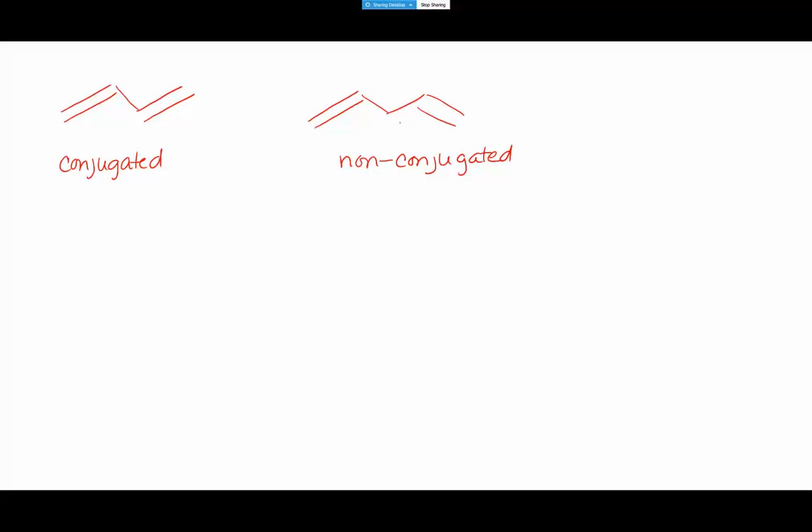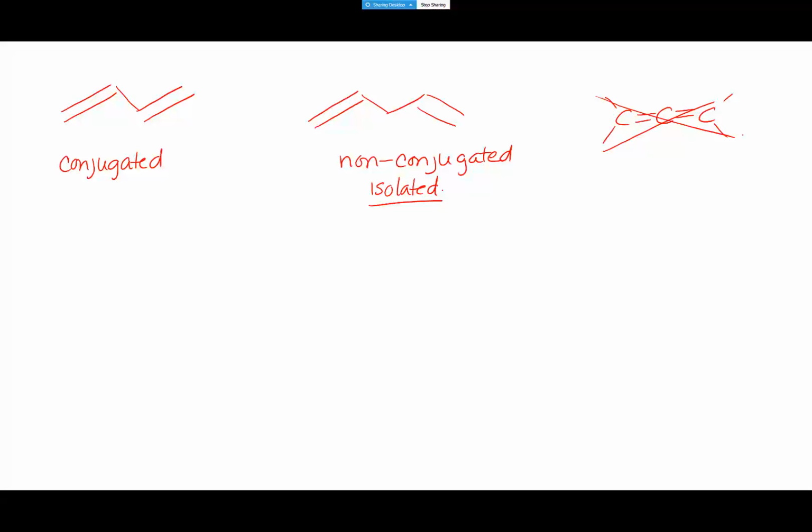So non-conjugated is isolated. When the double bond's like this, I think, right? Yeah, we're not going to worry about this one.